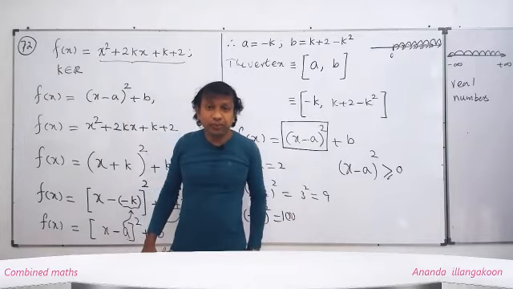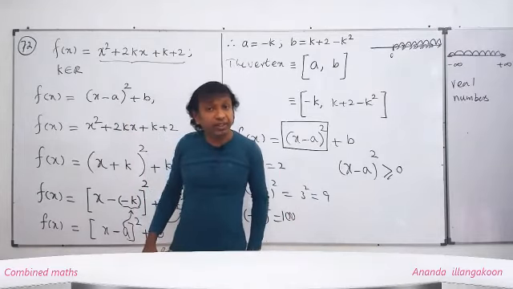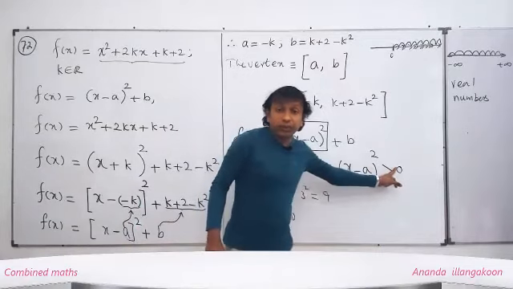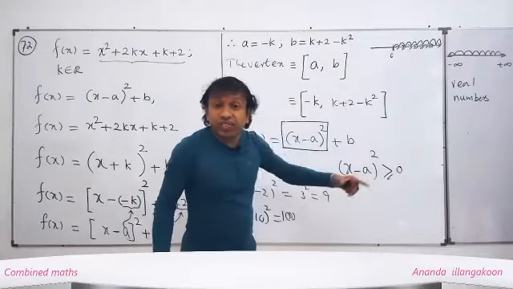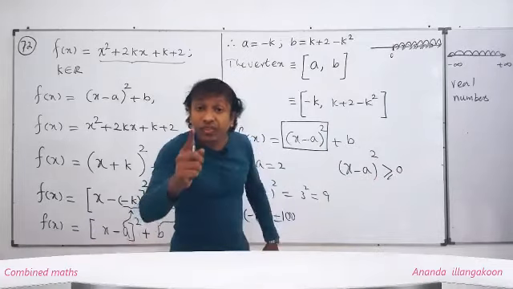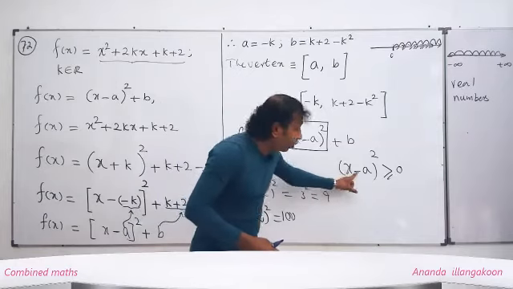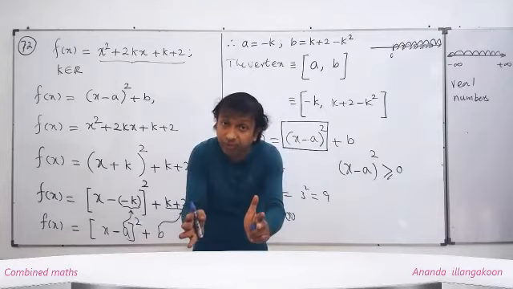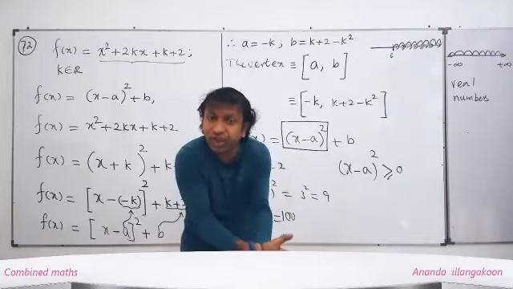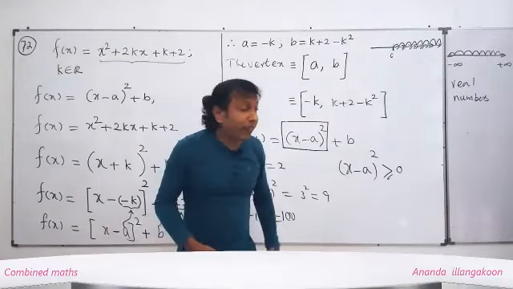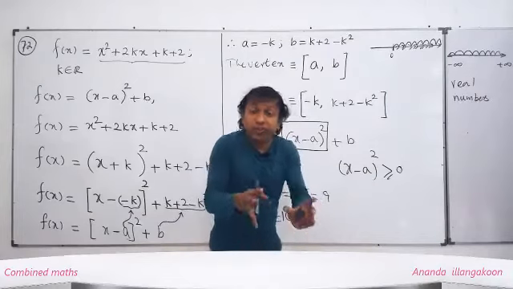Understand? That is how we argue. Then how to write that mathematically? We can write like this: x minus a perfect square is greater than or equal to 0. So to the right hand side, we can't give a maximum value, but we can give a minimum value. That minimum value occurs when this x minus a perfect square is minimum. Its minimum value is 0. So therefore, the right hand side will have a minimum value. That occurs when x minus a perfect square becomes 0.